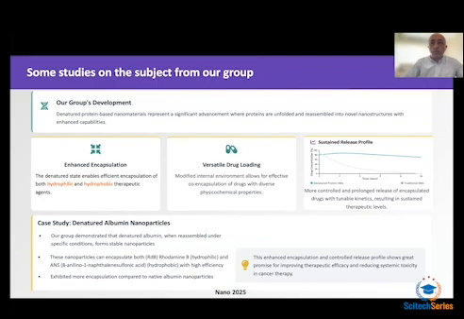But in the scope of this project, we used only model molecules. This enhanced encapsulation, for example the denaturation model, and controlled release profile show great promise for improving therapeutic efficacy and reducing systemic toxicity in cancer therapy.